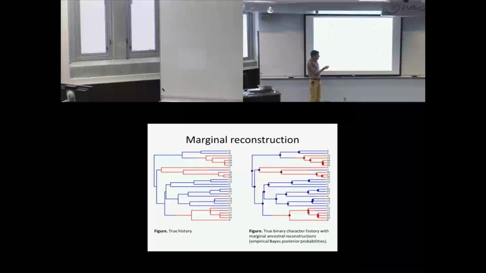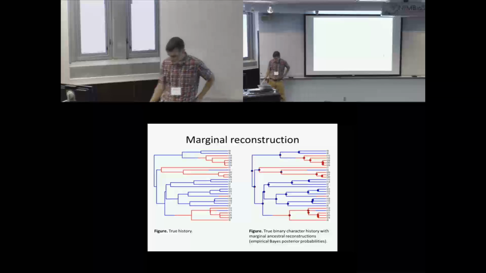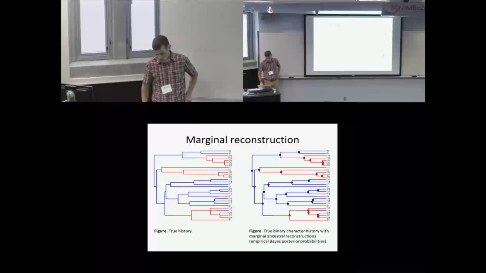You could say the maximum likelihood marginal reconstruction is the one with the highest empirical Bayes posterior probability, because that's the one with the highest likelihood at that node. But we can also represent the uncertainty that we have about particular ancestral nodes by showing its empirical Bayes posterior probability, with the probabilities of alternative states also represented. Okay? Does that make sense?